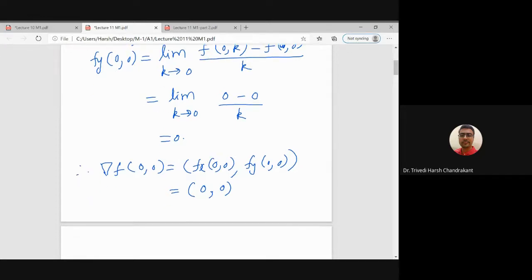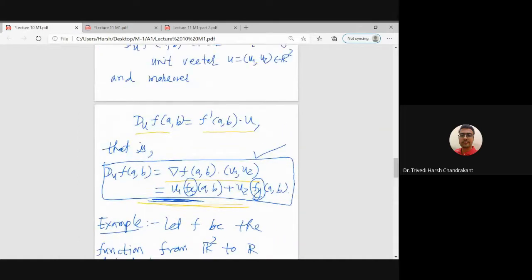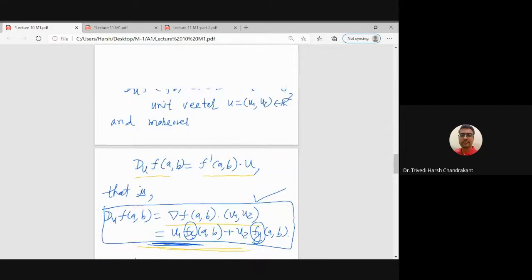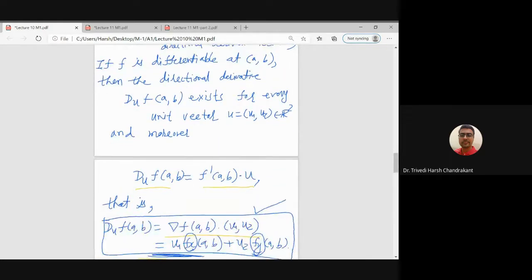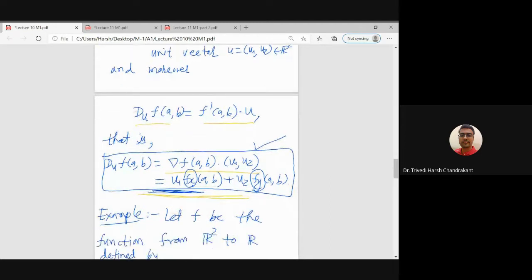So essentially the gradient at origin is (0,0). Now we will verify this equation. The directional derivative of f in direction u at (a,b) is the gradient times the unit vector. If the function is differentiable, then for every unit vector, this equation must be satisfied.